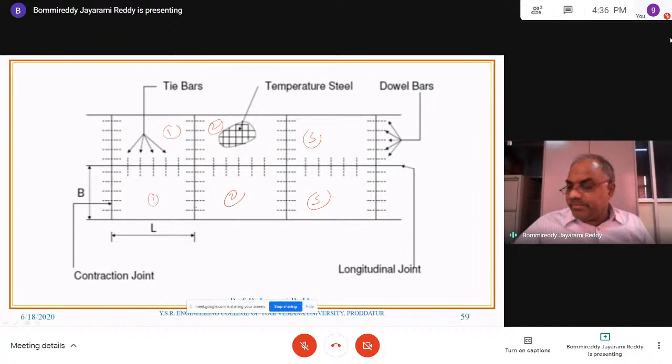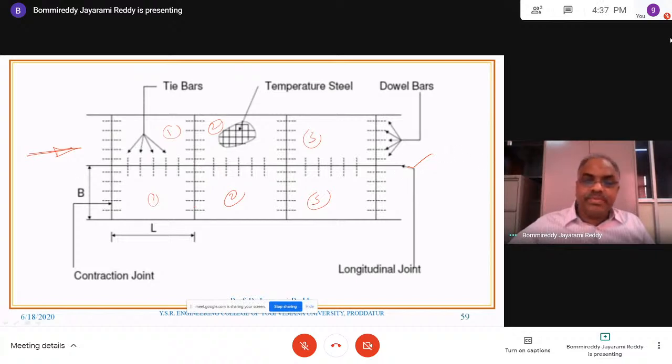The direction of the traffic is like this. The vehicles are moving in this direction. The joint parallel to the direction of the flow is called the longitudinal joint. You can look at this, this is called the longitudinal joint. The longitudinal joint is in the direction of the traffic flow.